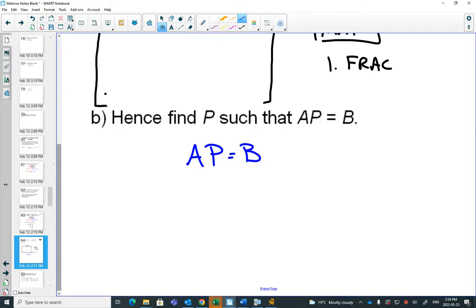But since there's no dividing in matrices, what we do is we multiply A by its inverse. Because anytime you multiply by its inverse, you get the identity matrix, and the identity matrix times anything is itself. So that will get rid of the A on this side. Now, if you put A inverse in the front of the left side, you have to make sure you put A inverse in the front of the other side.